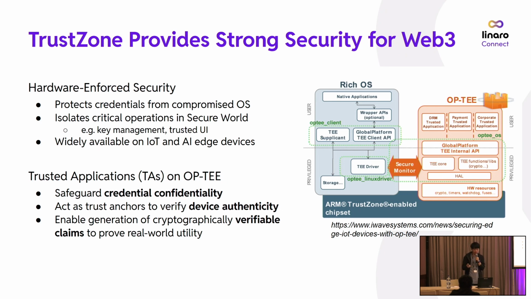Samsung has its own blockchain wallet built into its phones. They are leveraging, I think, Qualcomm TrustZone to provide all the Web3 functionalities to help users manage their crypto assets. They also provide a trusted UI for the user to confirm transactions.